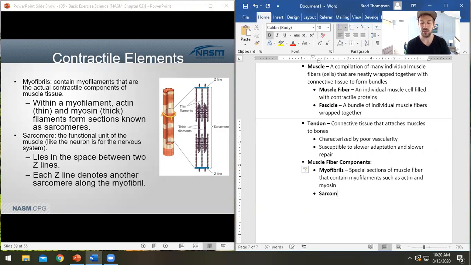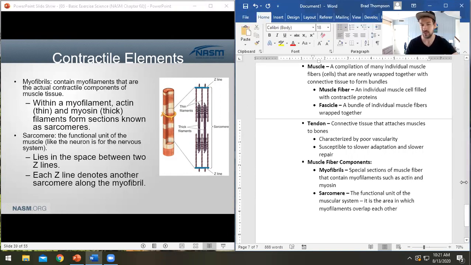So the sarcomere is going to be the functional unit of the muscular system. It is the area in which myofilaments overlap each other. Okay? So the myofibrils are like this whole filament section here.